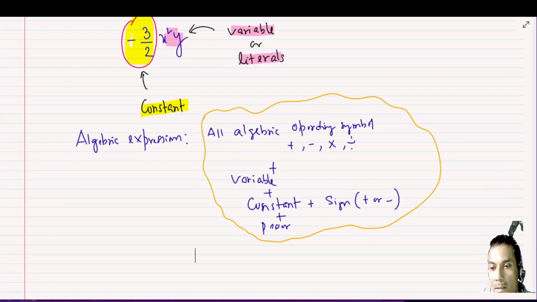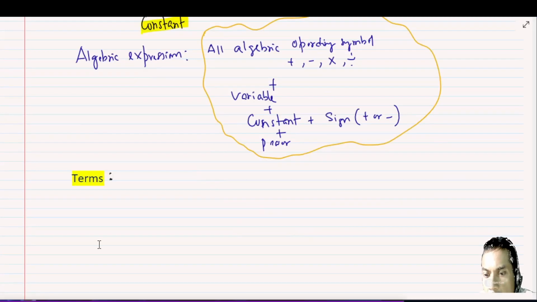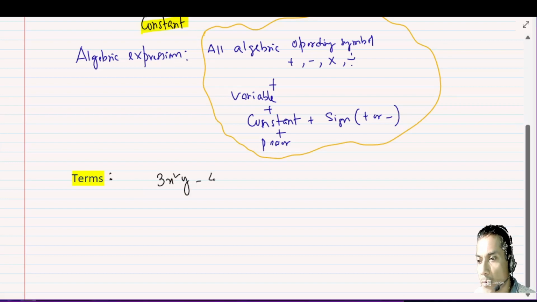So next we learn the terms. What is terms? Terms are actually the individual part of the algebraic expression separated by the plus and minus. What does that mean? Let me give you one example. 3x square y minus 4x plus 7. See, this is an algebraic expression.